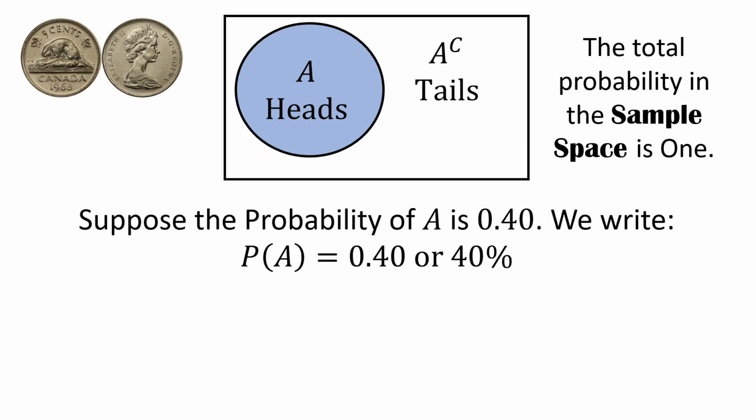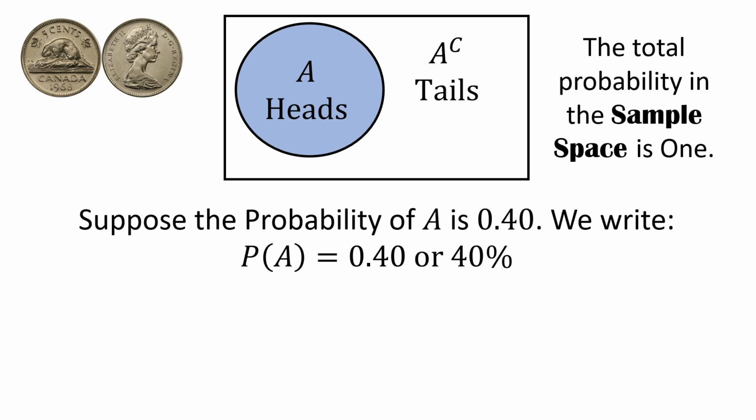And so we can use that to sort of partition the probability. So suppose the probability of A, that you get heads, is 0.40 or 40%. Then we can write P of A is equal to 0.40 or 40%. Now the point is, what do you think the probability of A complement is?